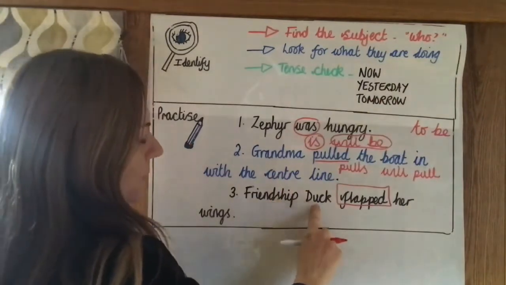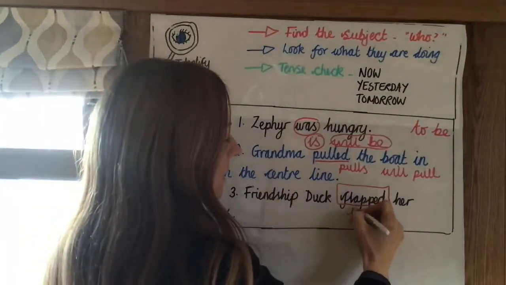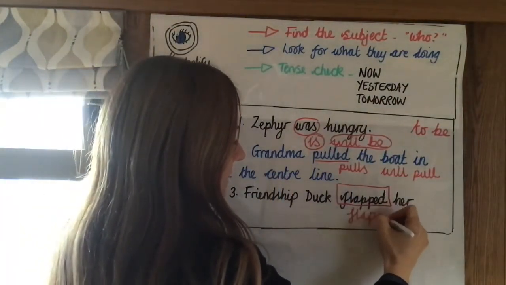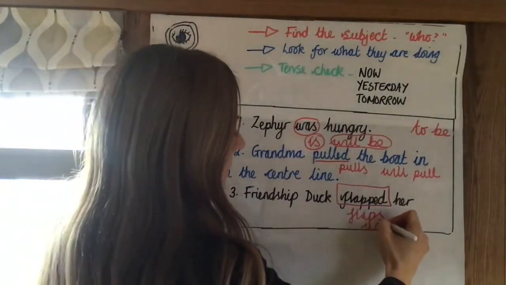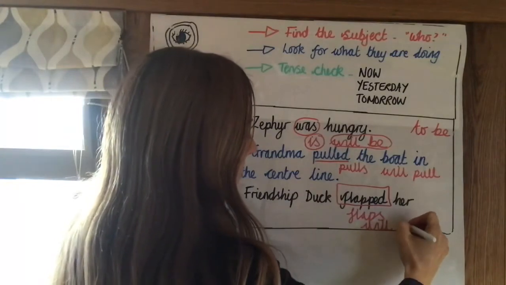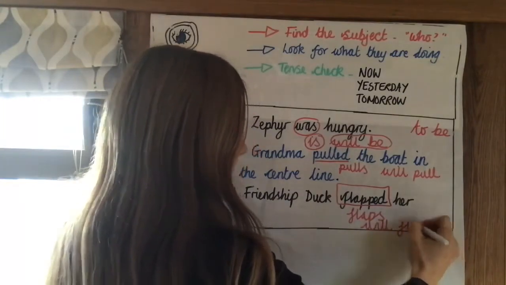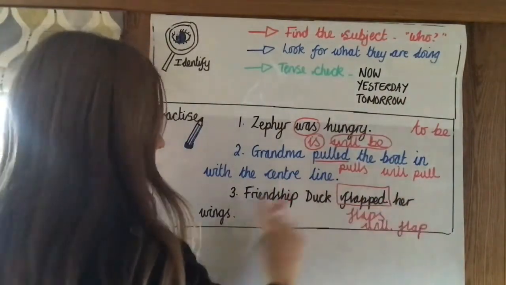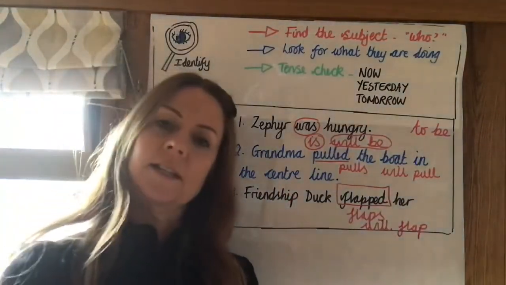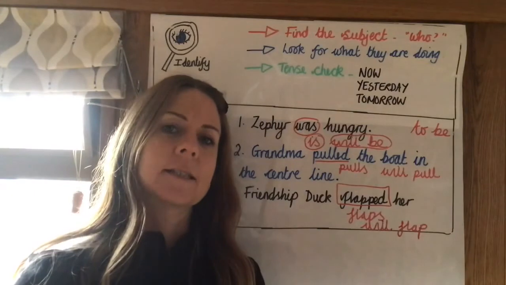Now, Friendship Duck flaps her wings. Tomorrow, Friendship Duck will flap or is going to flap her wings. Yesterday, Friendship Duck flapped her wings, and this sentence is already written in the past, which is why flapped stays the same.